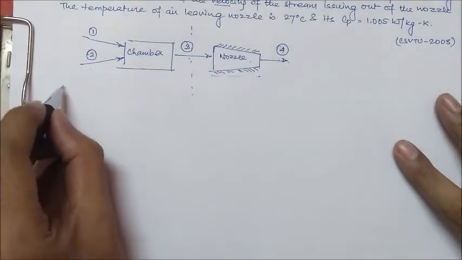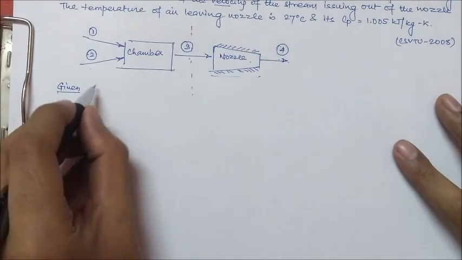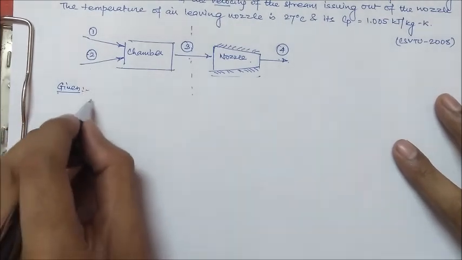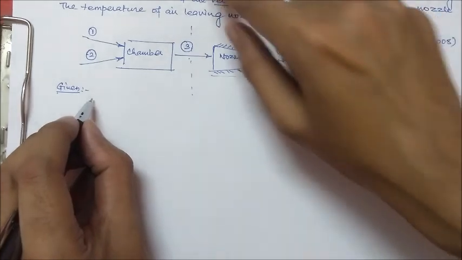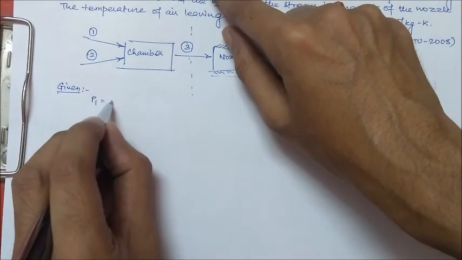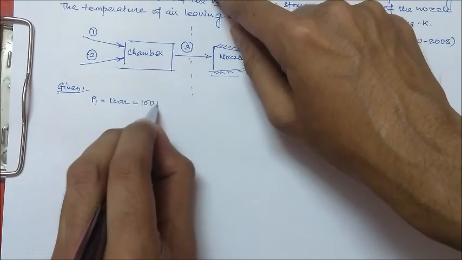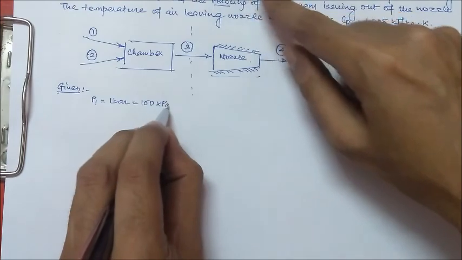So let's start with the given things. We have pressure at stream 1 as P1, that is 1 bar, which is equal to 100 kilopascal.